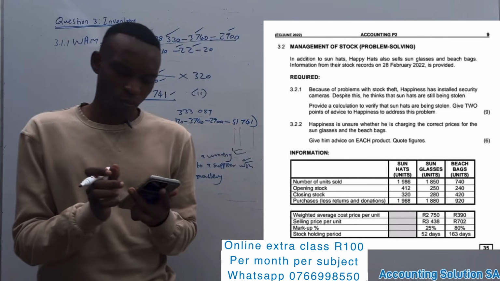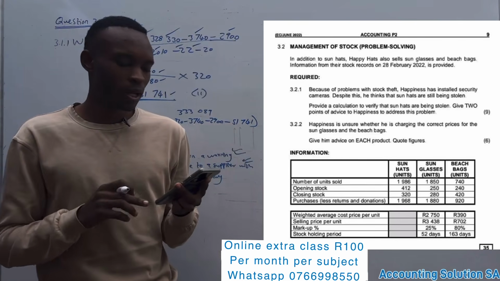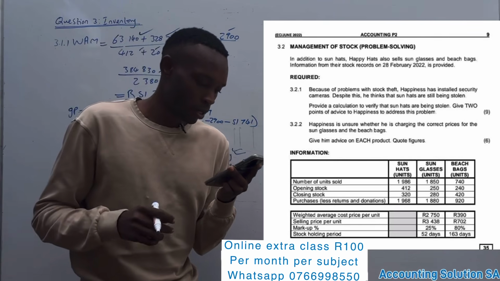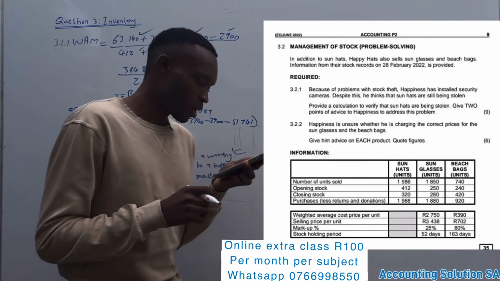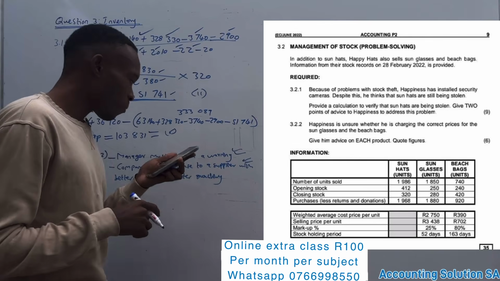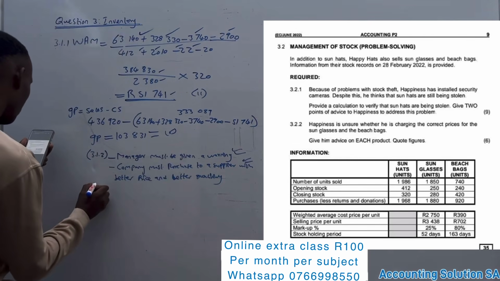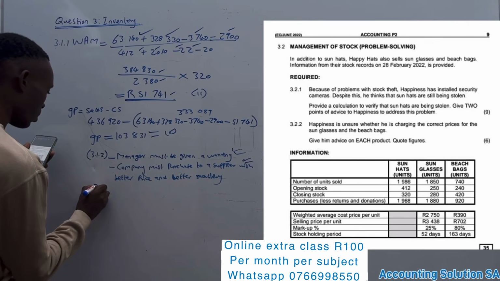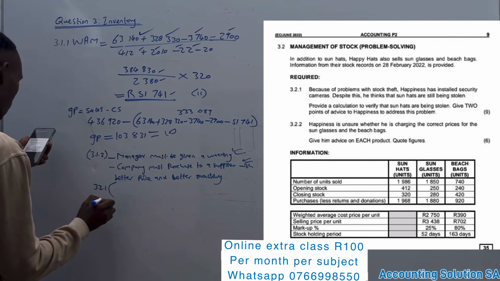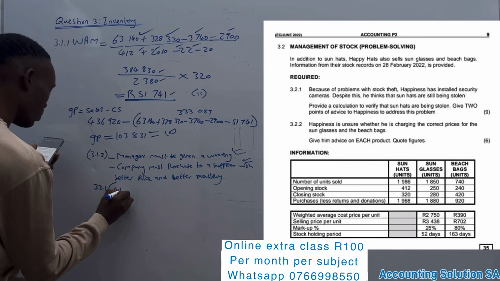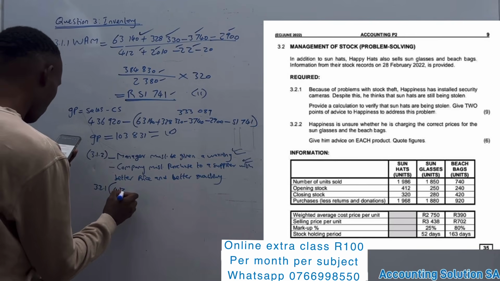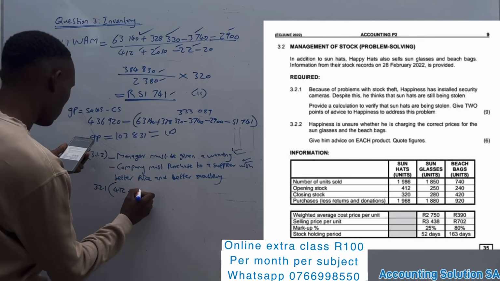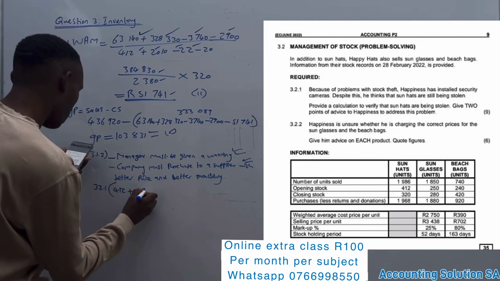We need to calculate and be sure that the hats are being stolen. Let's take the information of hats. Number of hats at the beginning was 412, and the one that we purchased net of returns was 1,968.